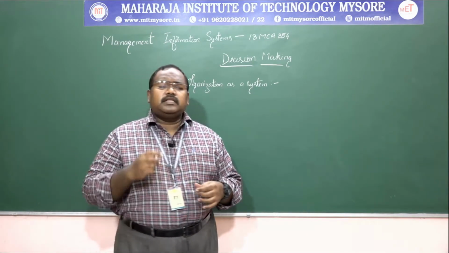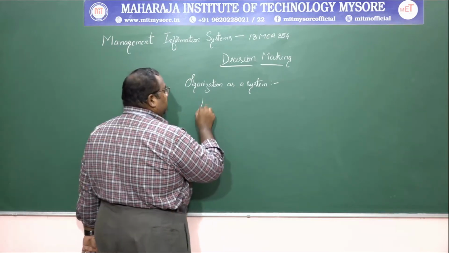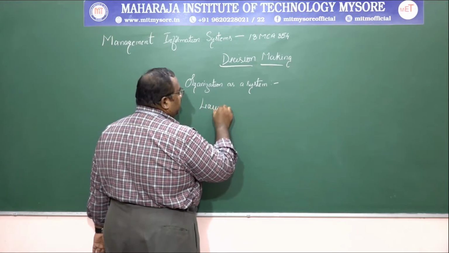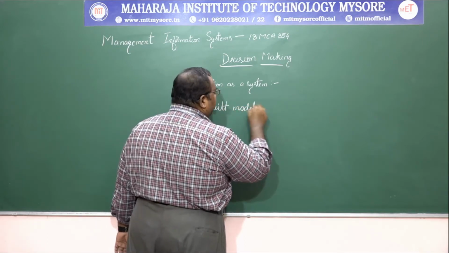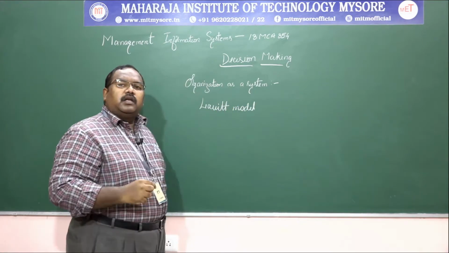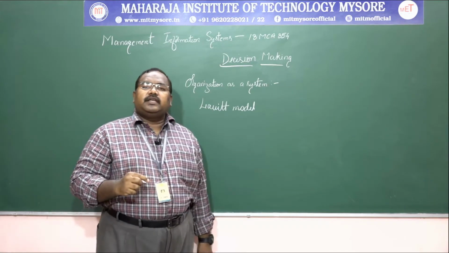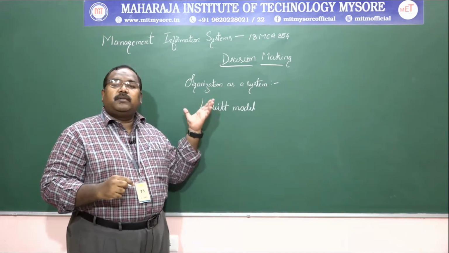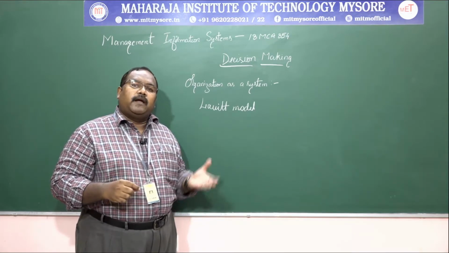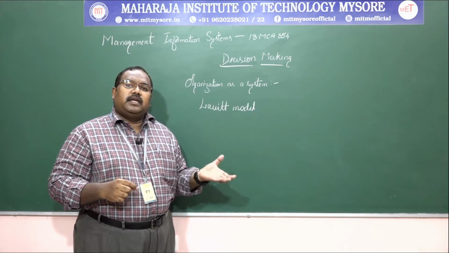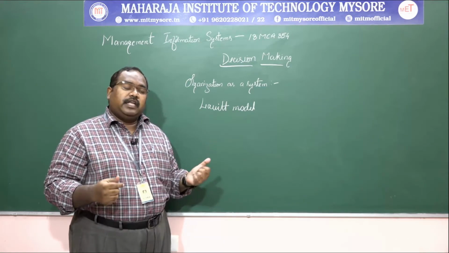Next, there is a concept by Leavitt. Leavitt described a model to state that an organization is a system. An organization cannot work on a particular person, a particular branch, a particular department or a particular functionality.